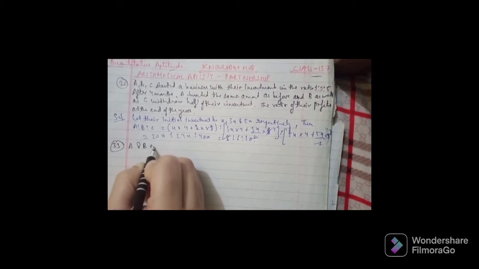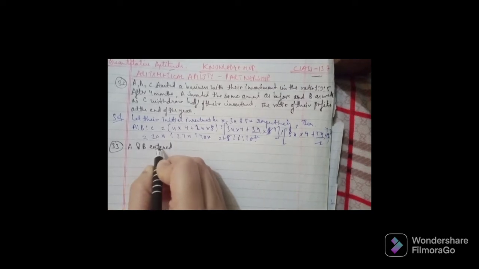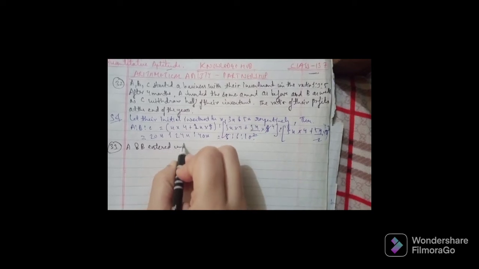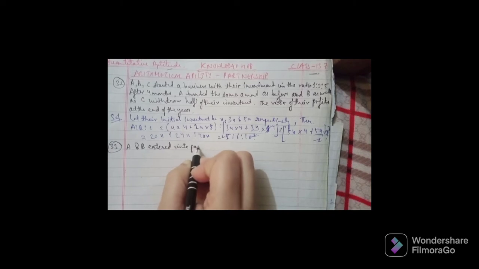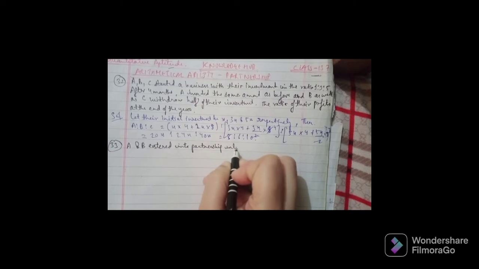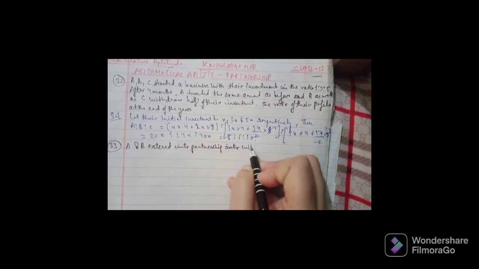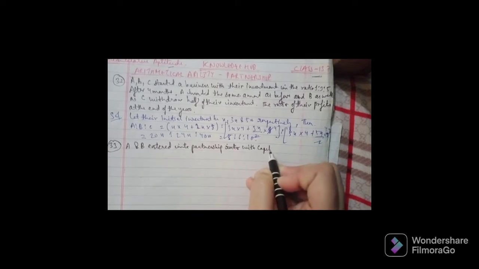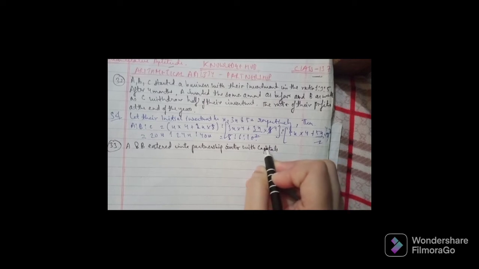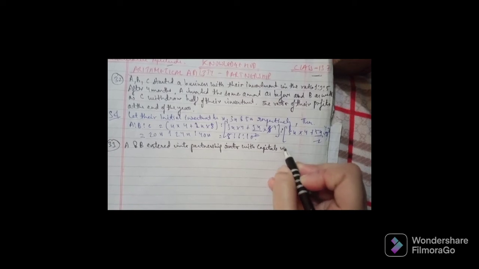A and B entered into partnership with capitals in the ratio 4:5.